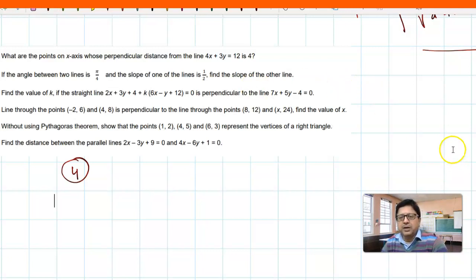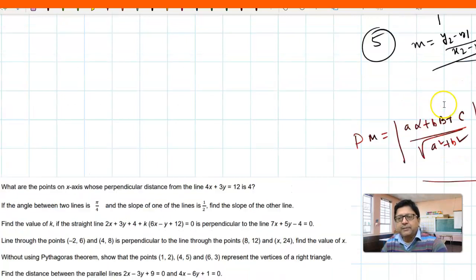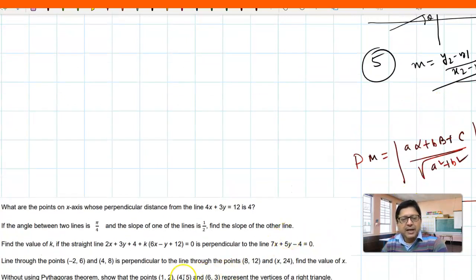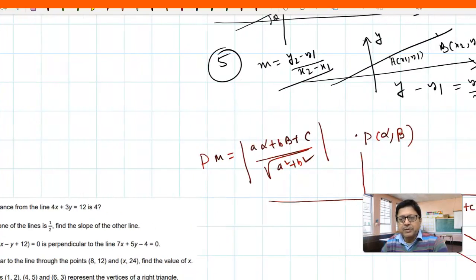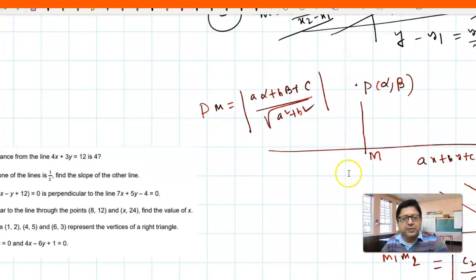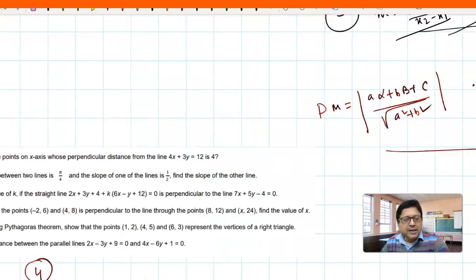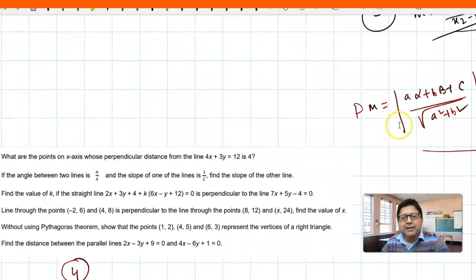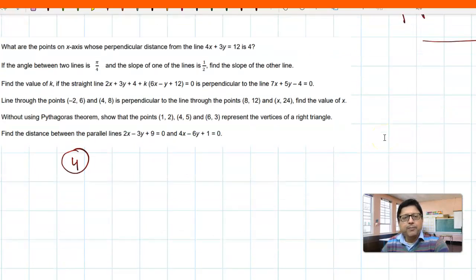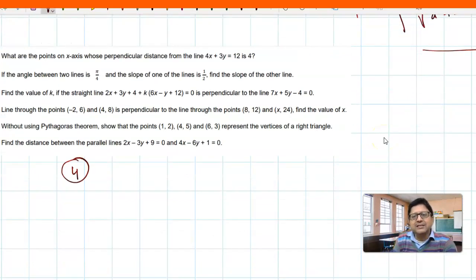The perpendicular distance formula we have just revised. It is a alpha plus b beta plus c by root over a square plus b square, that you all know. So we are going to apply it. But there is something more given for this sum, where the point will be lying on the x-axis.